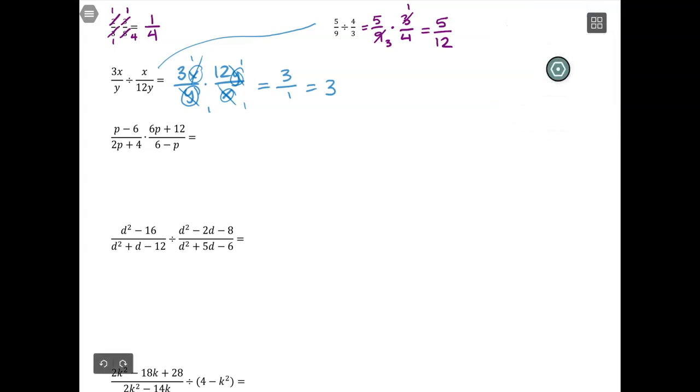Okay, so multiplication, we get to just go straight across. But remember, you want to look for that opportunity to simplify before you get too crazy. So I don't immediately see things I can cancel. You might be really tempted to cancel 6's or p's or something like that. None of that is legitimate because the fraction bar means that our big operation is division.